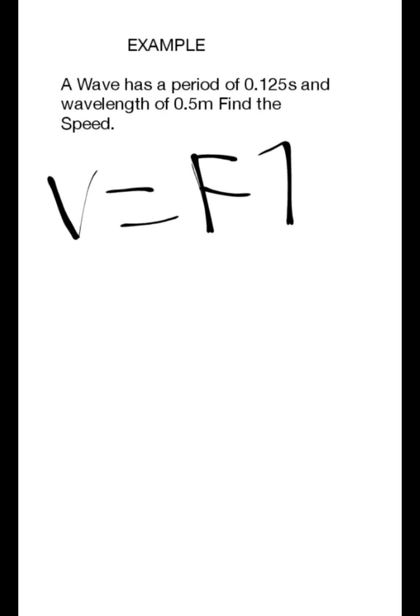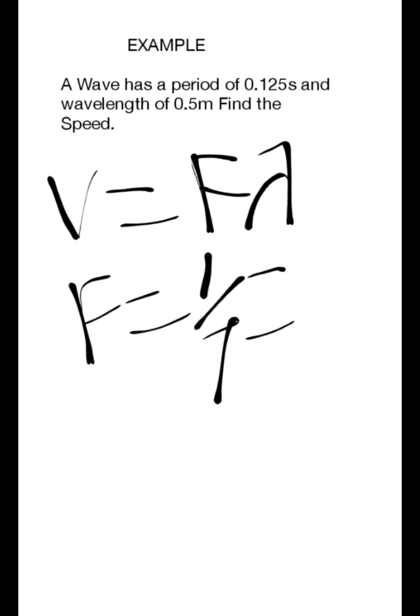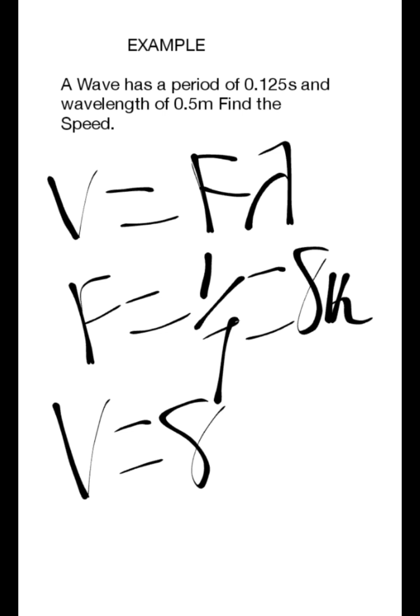Now if you look at the formula, we haven't been given the frequency, but we know that frequency is equal to 1 over period, which means when we do 1 divided by the period, we are going to get 80 hertz. So now when finding speed, we are just going to say 80 times the wavelength, which is 0.5, and the answer is going to be 4 meters per second.